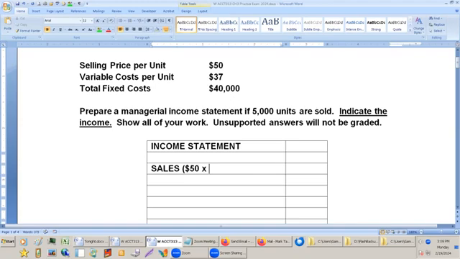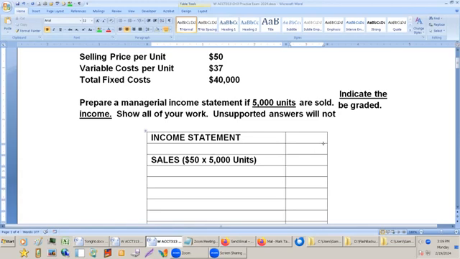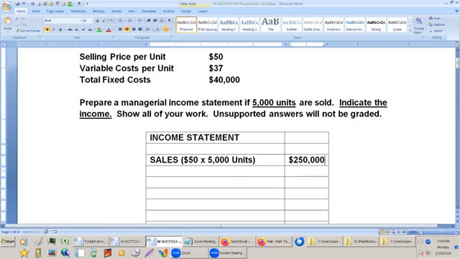There are 5,000 units or so sold. 5,000 times 50. 250,000. I should have known that. So this is money coming in.